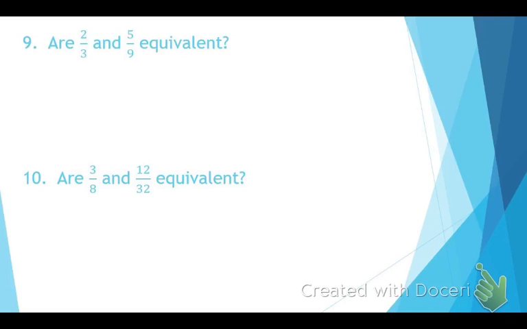So you guys are going to actually write that question down. I don't want you just to do the work, but I want you to actually write the original problem down like you would on a homework problem, okay? So we're trying to figure out, are 2/3 and 5/9 equivalent? Do they equal each other? One way that we could do this is cross products. So I want you guys to do that on your own and see what you get.